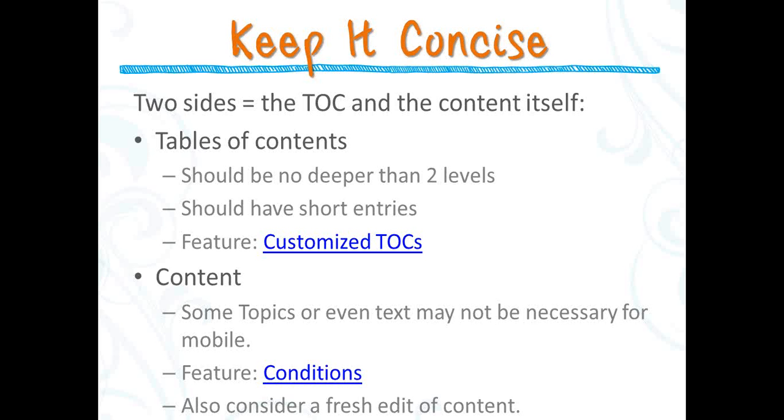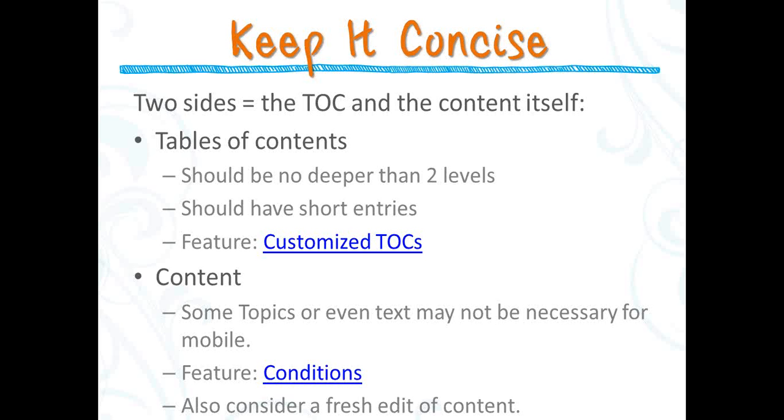Now, as for concise content, that's the other side of talking about keeping it concise. Some topics and even specific text may not be necessary for mobile. So DocToHelp has a feature called conditions that you could use to hide entire topics or even text within a topic.